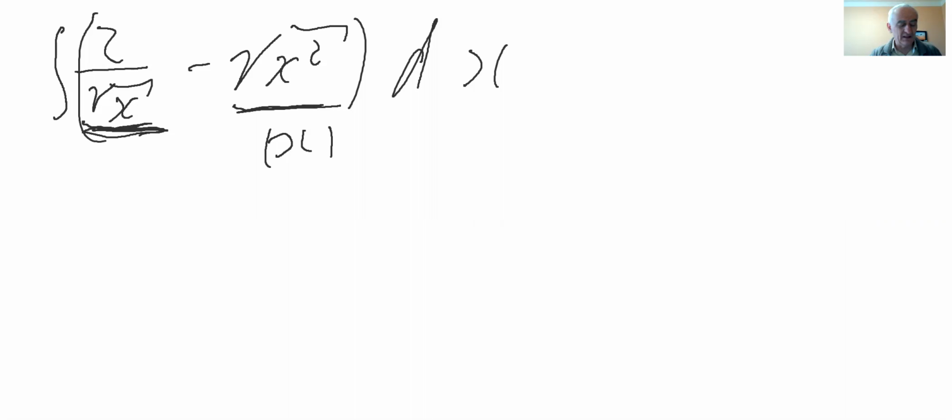And that's why we don't need to take the absolute value of x, because the absolute value of x will be just x, since the first expression with the square root implies that x is positive.